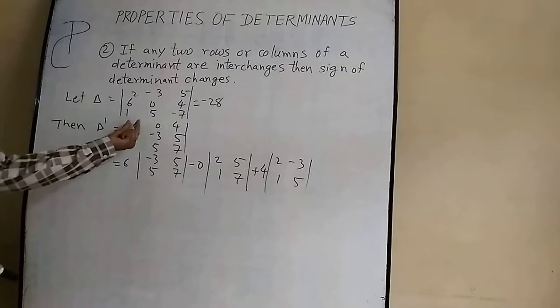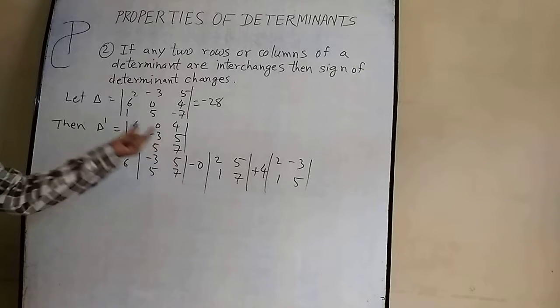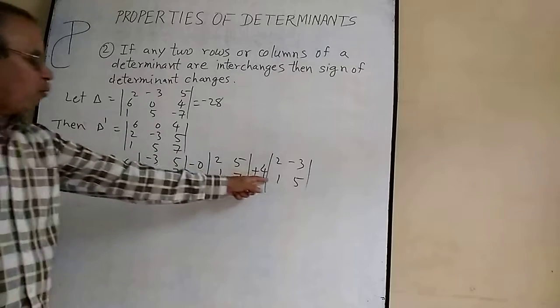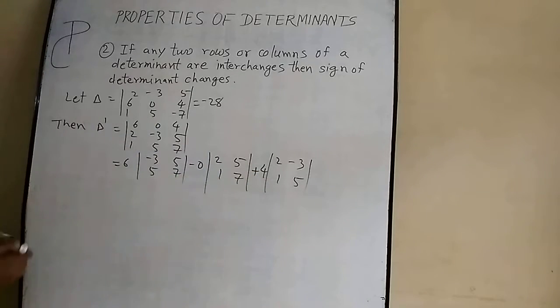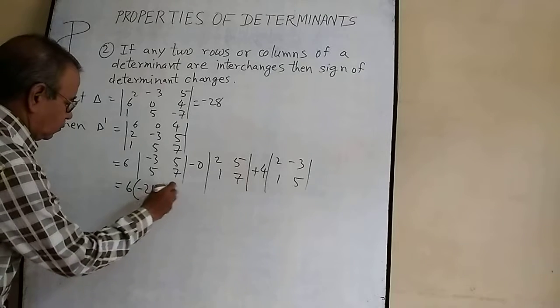Here I have taken the 6, that will be minus 3 and 5 and 5 and minus 7, that is minus 0, 2, 5 and 1, 7, and 4 into 2, minus 3, 1, 5.